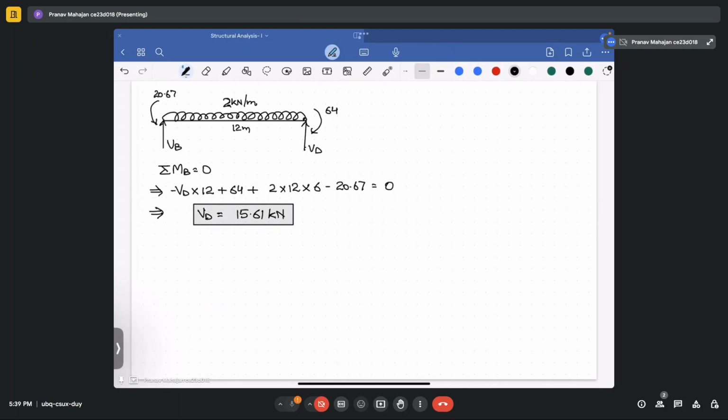Okay. So your VB will become 2 into 12, 24 minus 15.61. So your VB will be equal to 8.39 kilonewton.